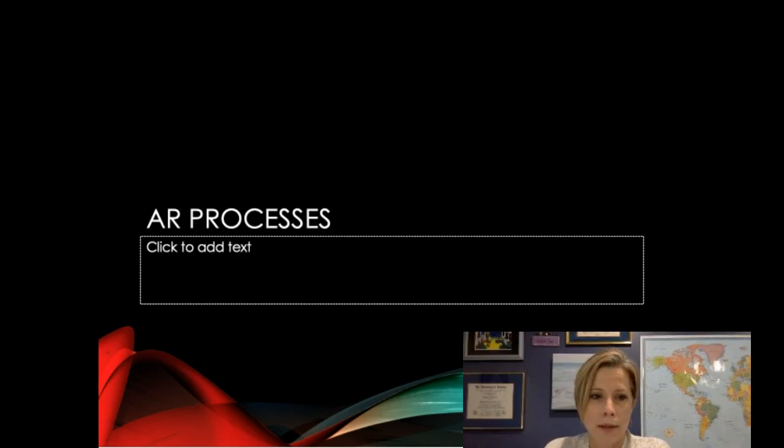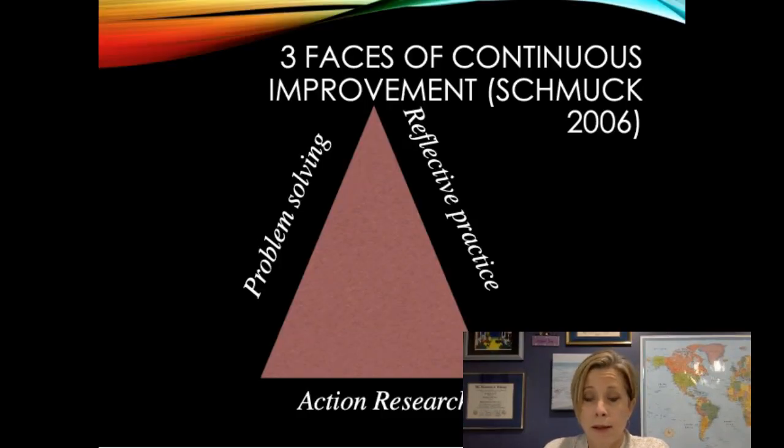So AR processes. Schmuck was a previous author in the research realm that we used to use for the course. And he talked about 3 different phases of continuous improvement. This may be familiar because we talk a lot about school improvement and our processes.